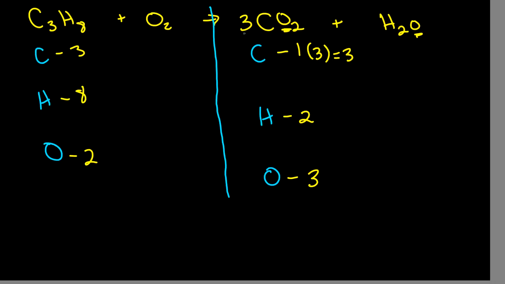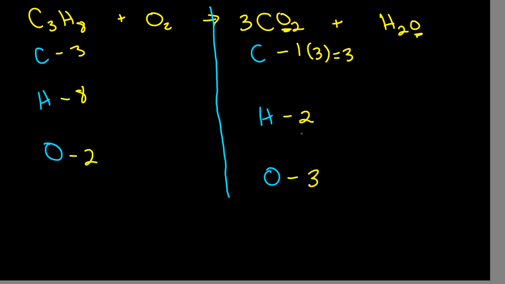Now when you stick this coefficient of 3 in front of CO2, it does multiply your oxygen by 3 and changes this to 6, plus the other one makes it 7. But we said we're going to save this oxygen for last, so I'm also going to save this oxygen for last because I want to go ahead and get this coefficient as well. So I'm going to ignore this 3 multiplying the 2 just for the moment.